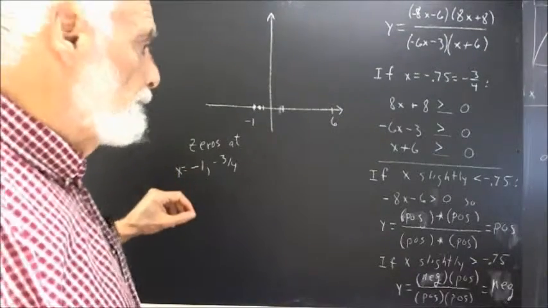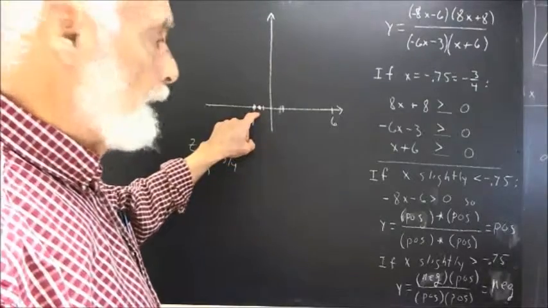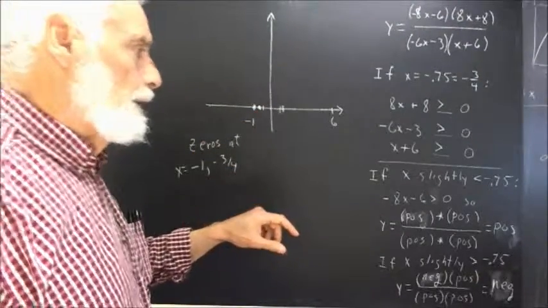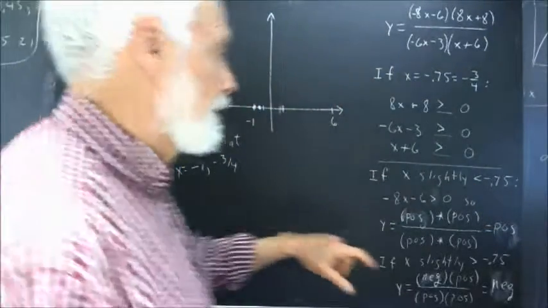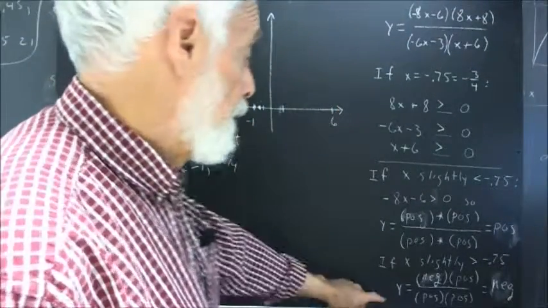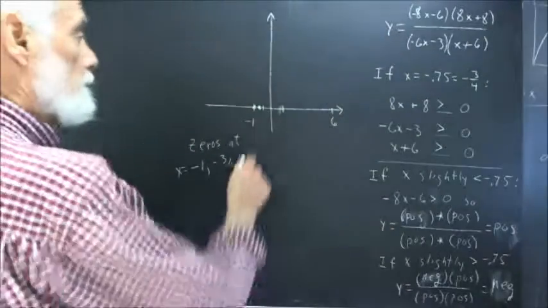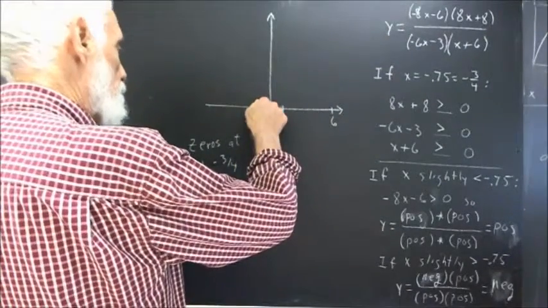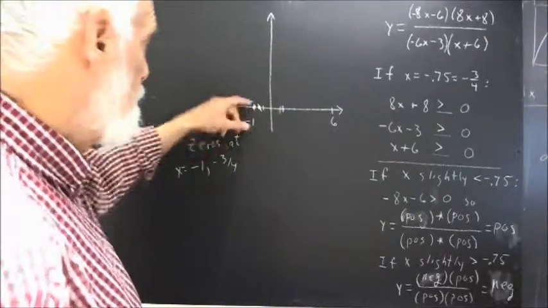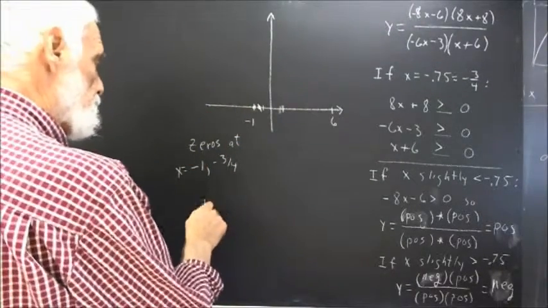What we know then is that, at least for the zero at -3/4, on this side of -3/4, the value of the function is going to be positive, and on this side of -3/4, the value is going to be negative, which means that near -3/4, the value of the function is going from positive to negative. So we draw a little segment here. Now I could enlarge that.